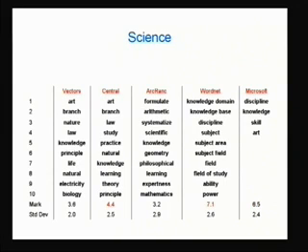Here's another word, science. And it's not quite clear what synonyms we could have for science. And again, as you can see, among the automatic extraction of synonyms, the central score is performing reasonably well.